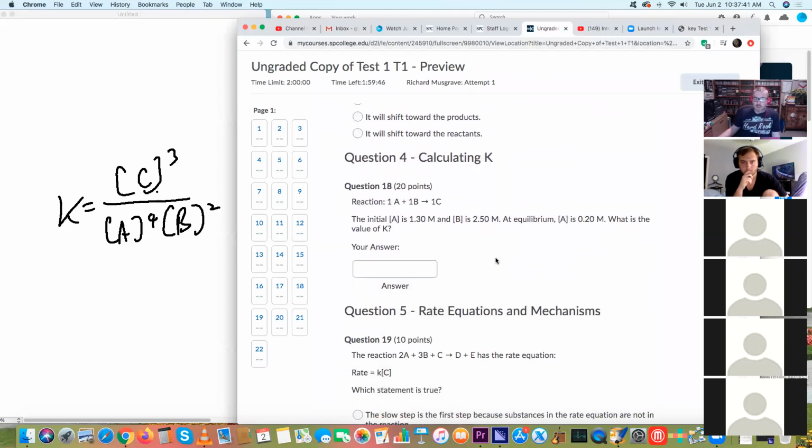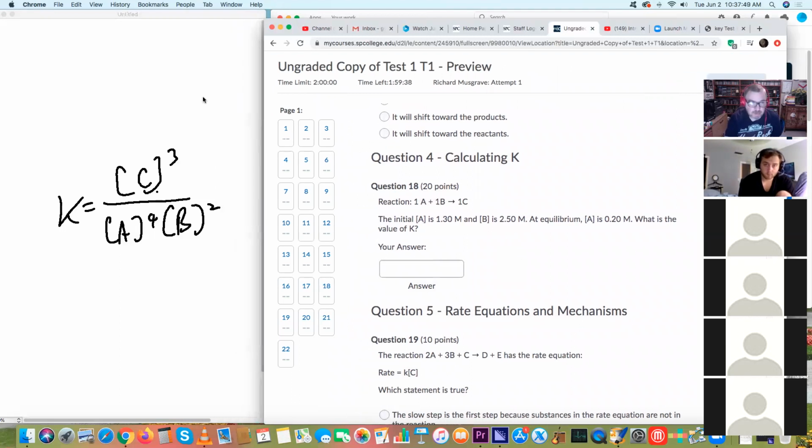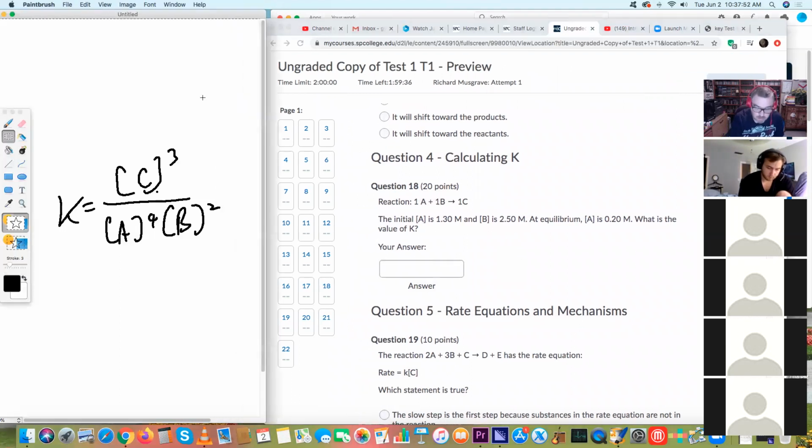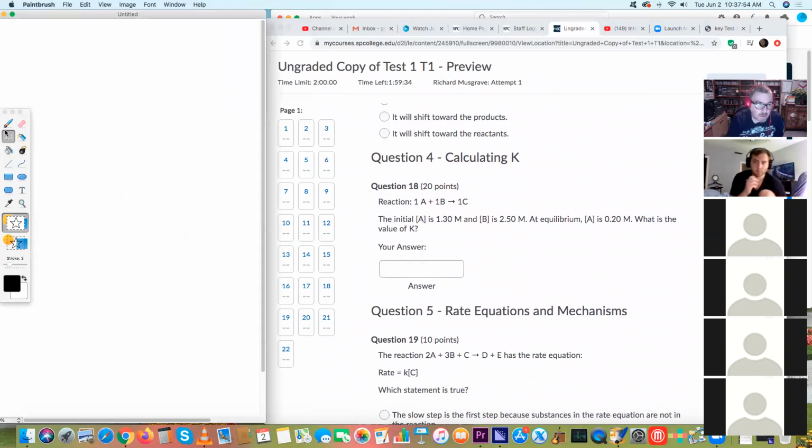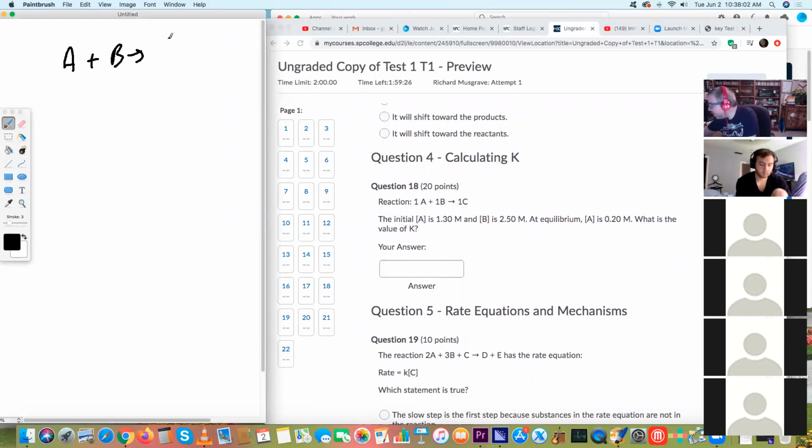All right, so there's our reaction. 1A plus 1B gives 1C. And we'll go through and I'll show you how best to handle this. I want to do a couple of these, so I'm going to re-roll this in a second, once we've done this problem. A plus B gives C.